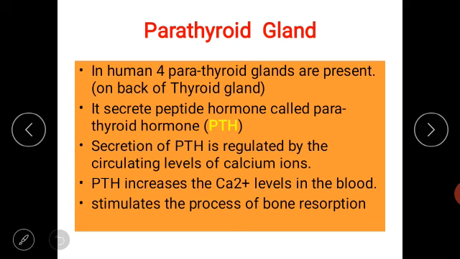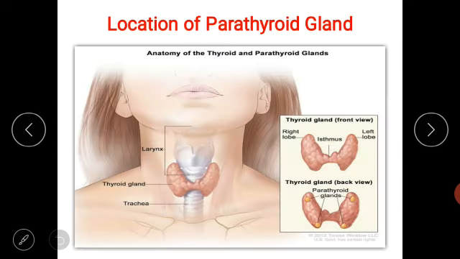In humans, four parathyroid glands are present on the backside of the thyroid gland, which you can see in the image. This is the backside of the thyroid gland, and the four yellowish spots you can see are the parathyroid glands present on the backside of the thyroid gland.